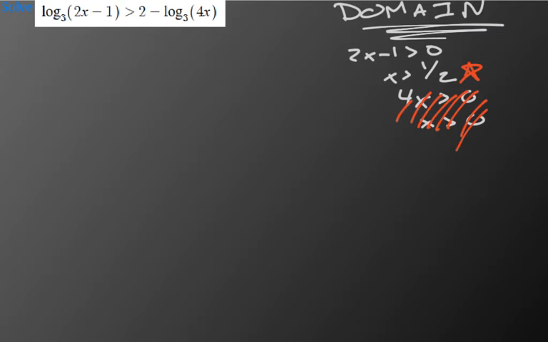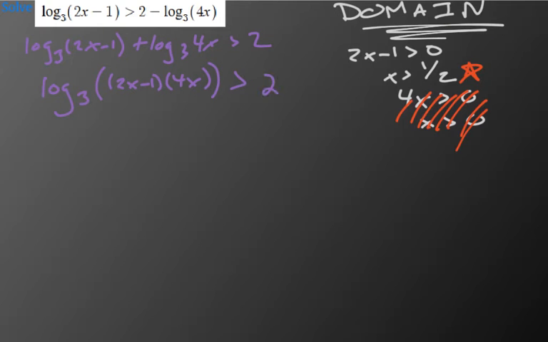So jumping into the solving of it, I'd probably move this log over. So I'd have log base 3 of 2x minus 1, plus log base 3 of 4x is greater than 2. You've got a sum of logs with the same base, so you can multiply the insides. Log base 3 of 2x minus 1 times 4x, all that's greater than 2.